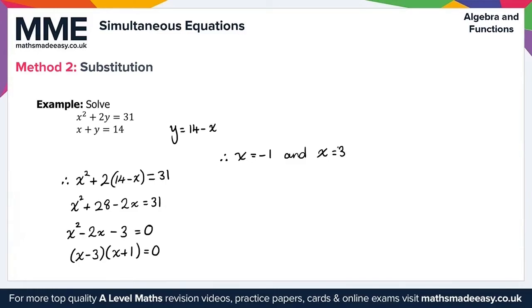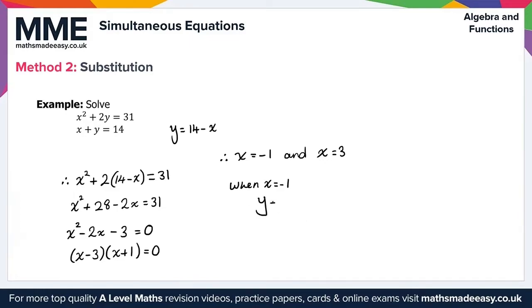Now again, we also need the corresponding y values here. So when x is equal to minus 1 here, and again, you could substitute this into either equation here. However, it makes sense to use our rearranged form here for y equals 14 minus x. Simply substituting our x values into this equation here, we obtain our y value.